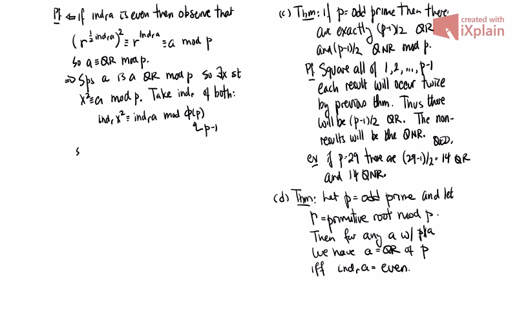So there's one last step we could do. Let's be careful that we can pull down the 2. This is mod P minus 1. So this tells us that the index base R of A is 2 times the index base R of X plus some multiple of P minus 1.